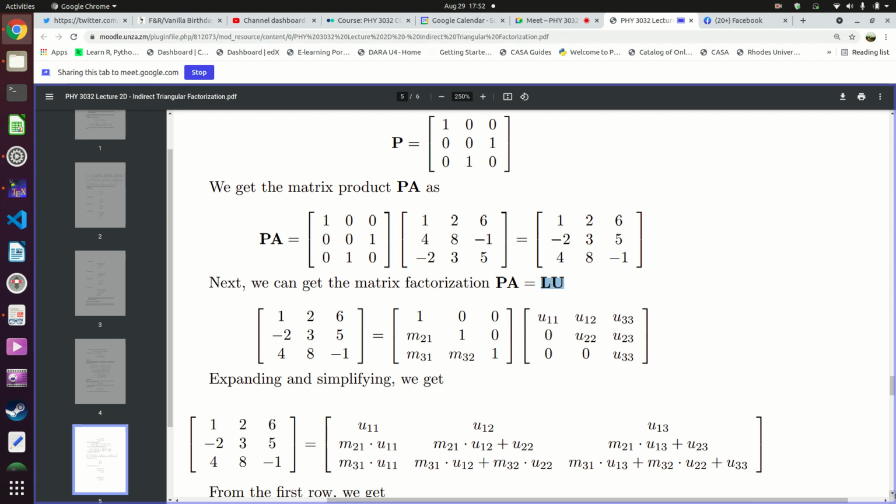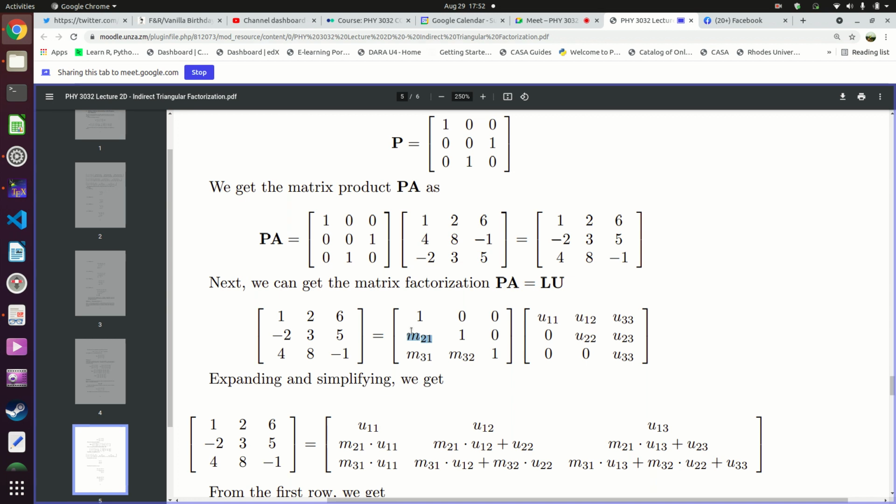If we are going to have a good factorization, all these entries below the diagonal, M21, M31, M32, are not supposed to be equal to zero. But in our case, because we are not using a good permutation matrix, one of them is equal to 0, but our upper triangular matrix comes out just fine.